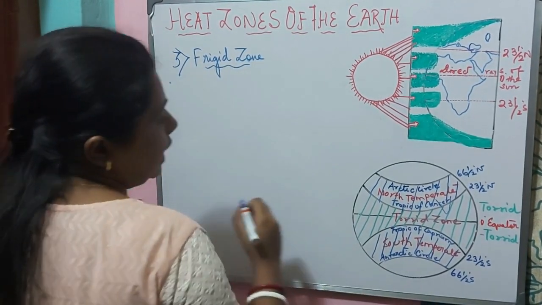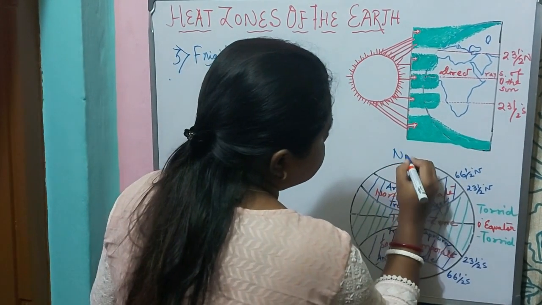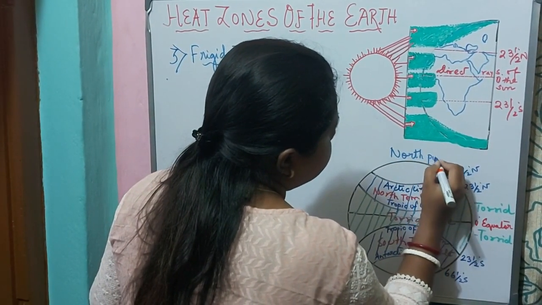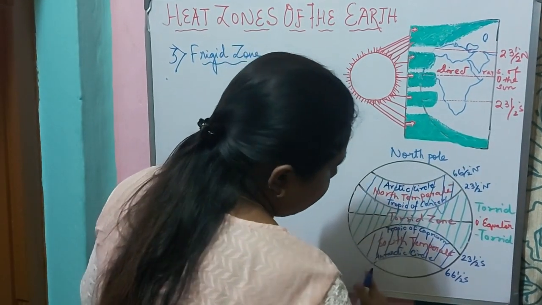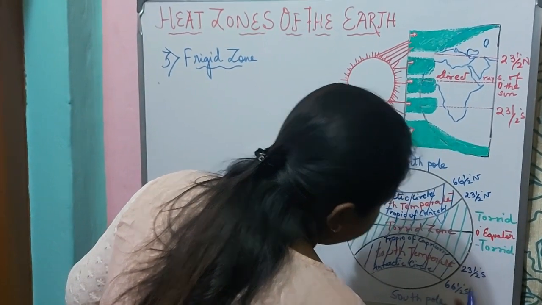Frigid zone lies between the Arctic Circle and North Pole in the northern hemisphere and Antarctic Circle and South Pole in the southern hemisphere.